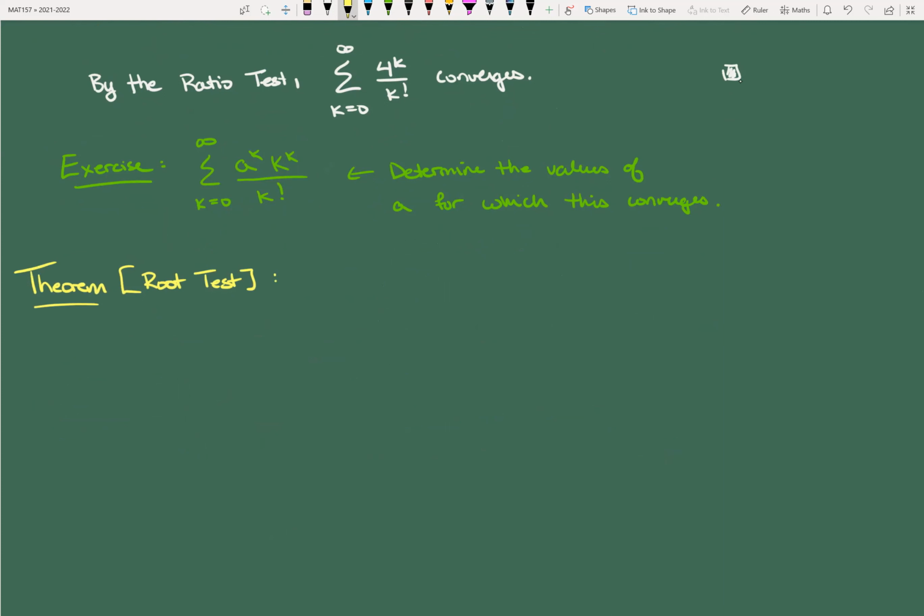Okay. So the root test, same sort of story, just assume a_n is a sequence. And then we're going to take a limit as k goes to infinity, but this time we're going to take this thing.